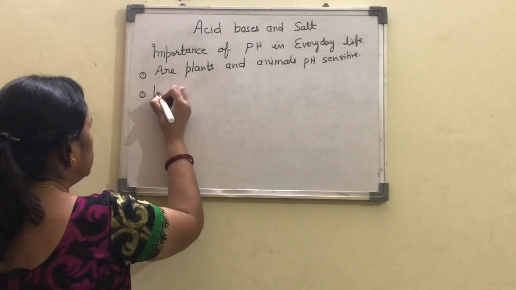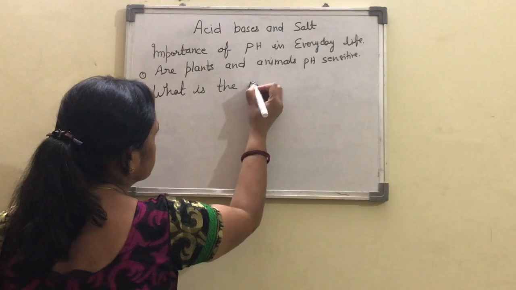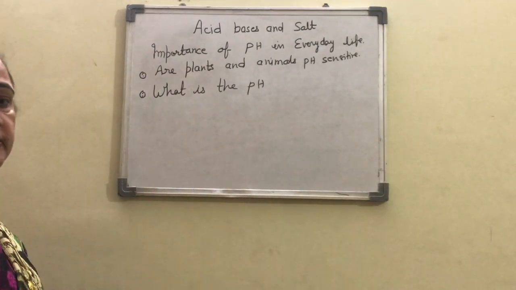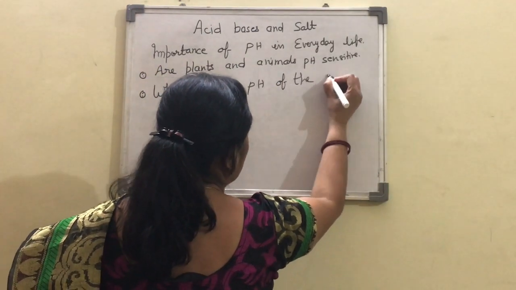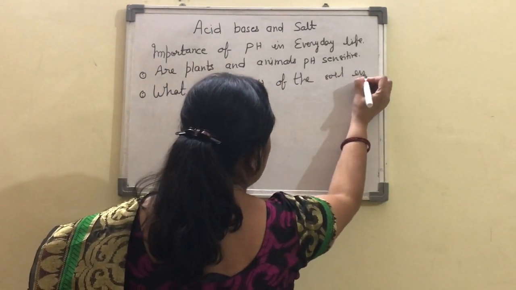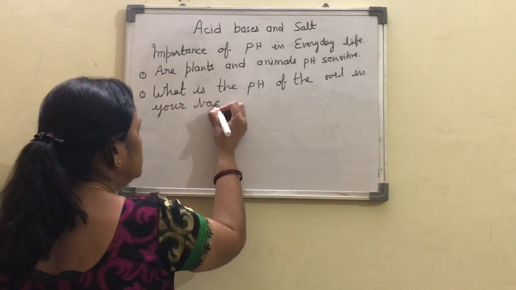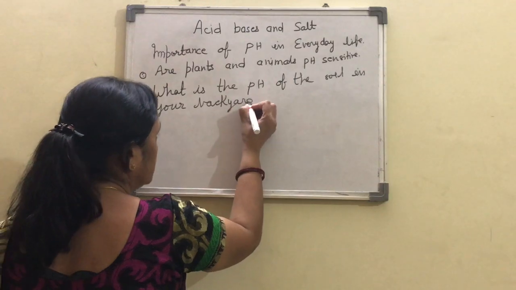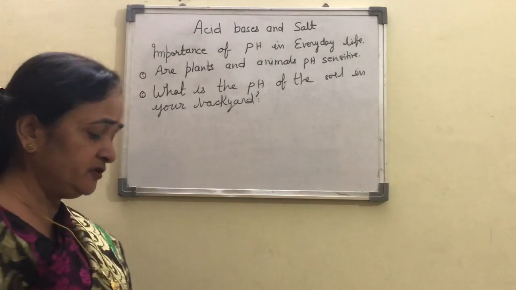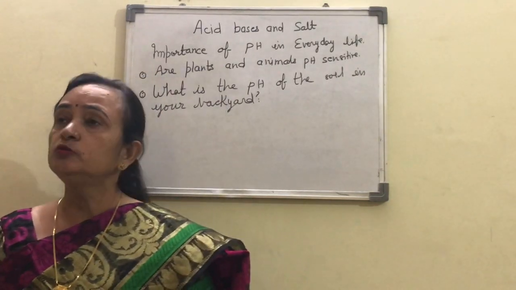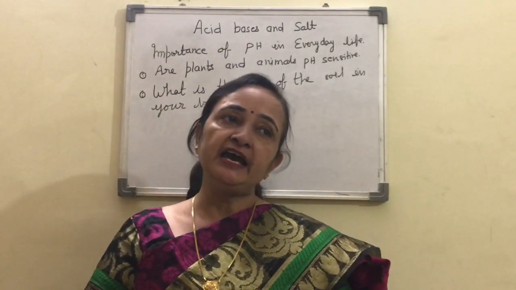Now the second point is, what is the pH of the soil in your backyard or nearby your house? You know that plants require a specific pH range for their healthy growth.